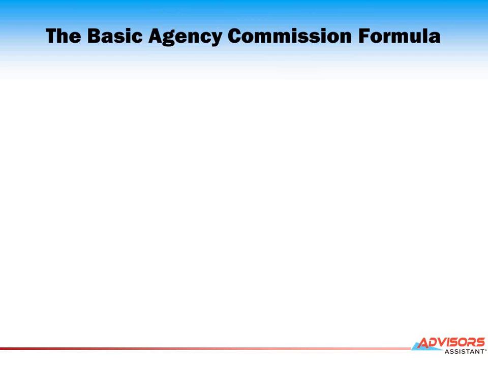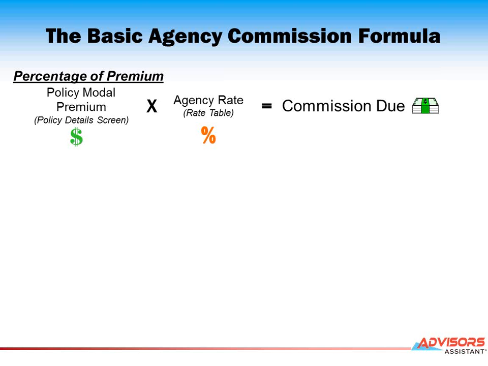I wanted to show you the basic formula Advisor's Assistant uses to calculate commissions, because when the commission does not calculate correctly, if you know the formula, you can usually figure out why it didn't calculate correctly. Now, in a straight percentage of premium calculation, Advisor's Assistant will look at the modal premium from the policy.